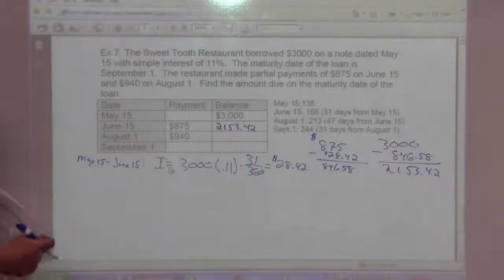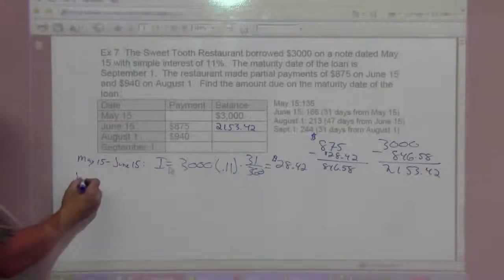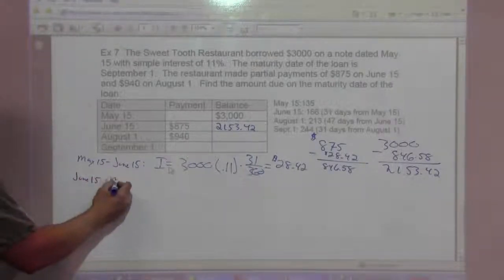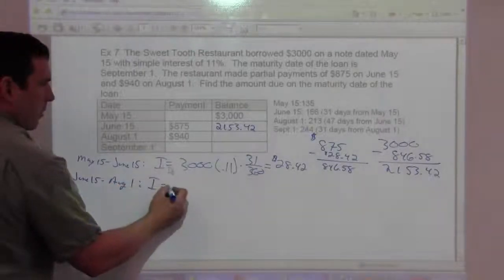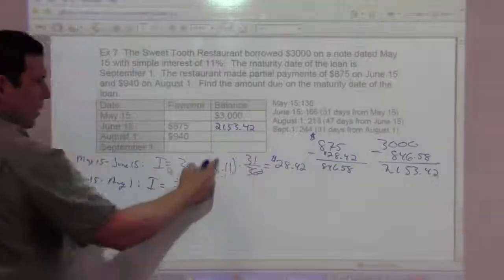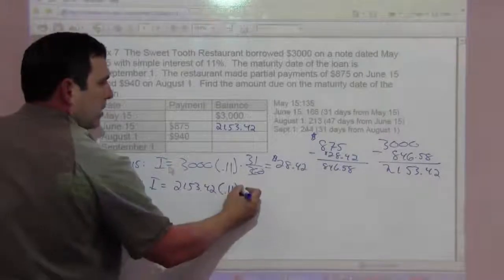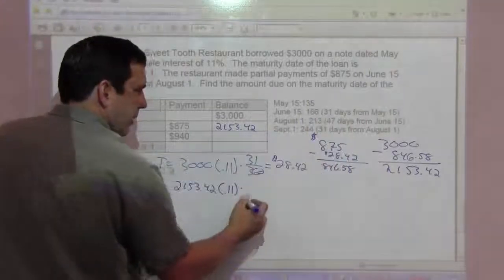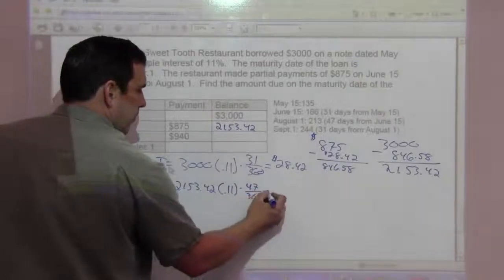Now another partial payment's made on August 1st. So we're looking from June 15th to August 1st. The interest is going to be $2153.42, the current balance, times the 0.11, times how many days? 47 days. 47 over 360.